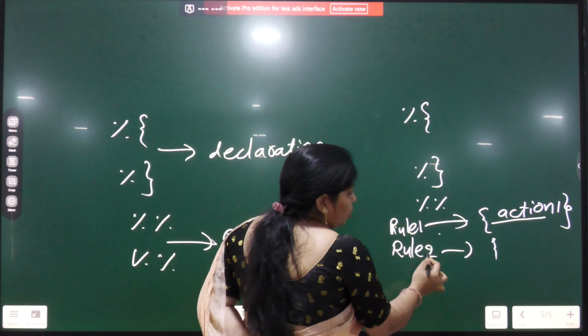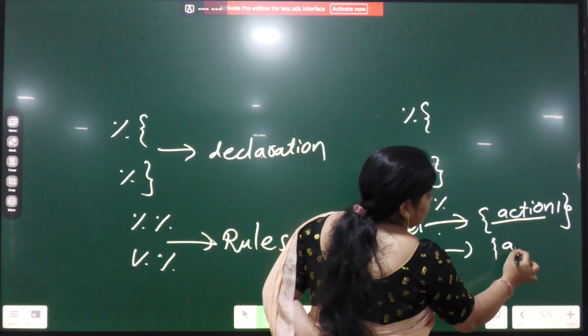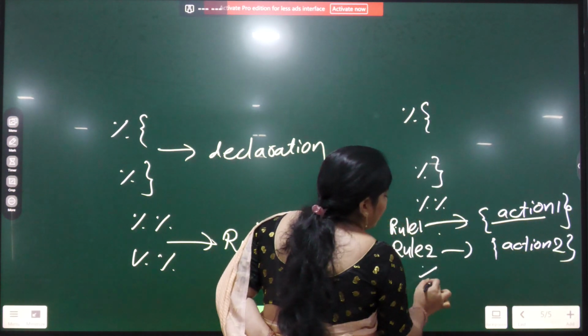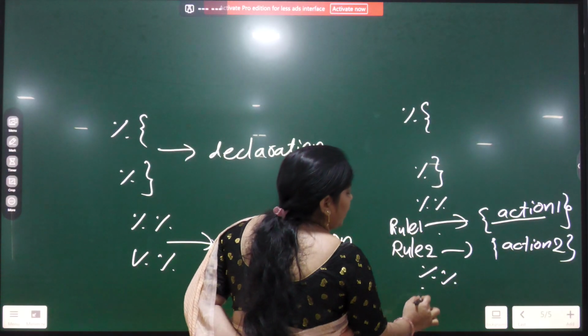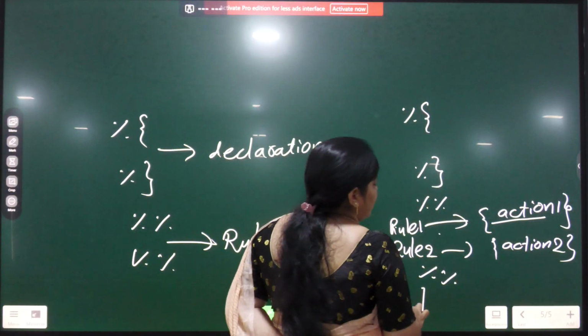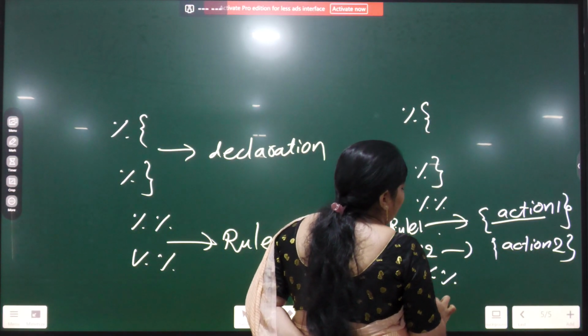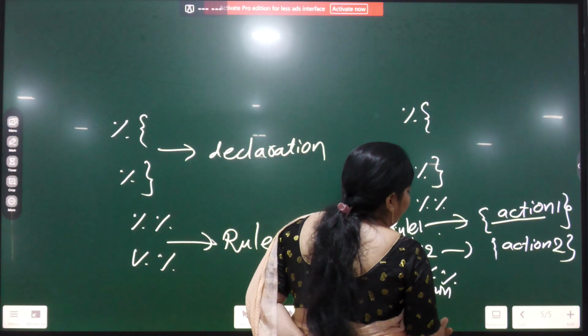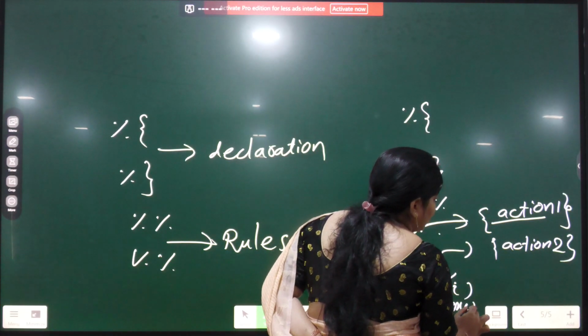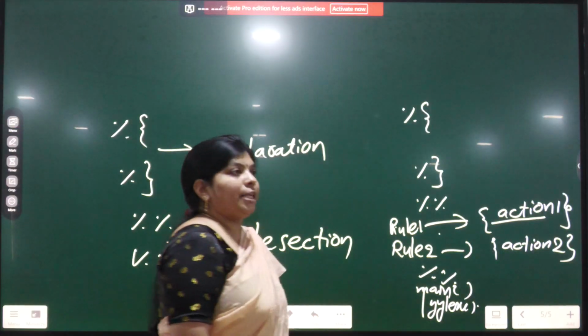If the condition or the rule has been satisfied, the action we are going to perform has to be specified. Then after completing this rule section, we can write the subroutine section. In this subroutine section, we should start with main, and then yylex is the main function in the Lex program.